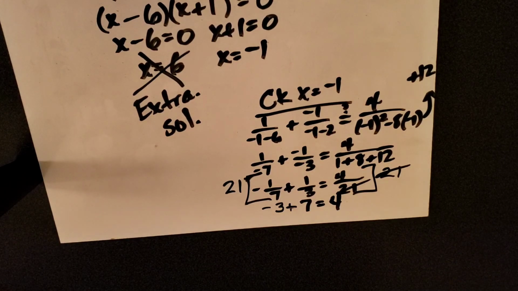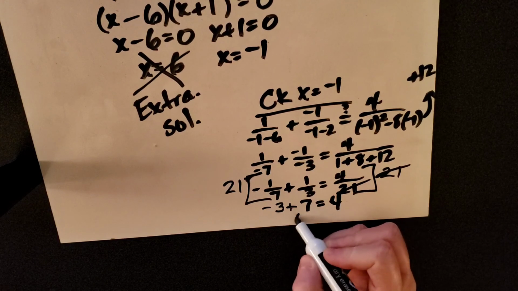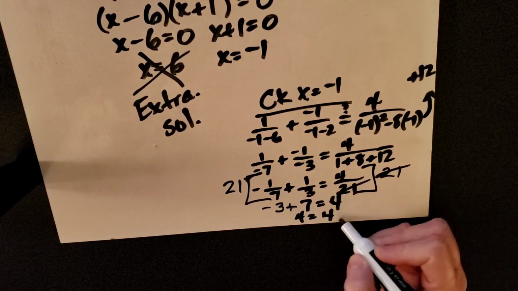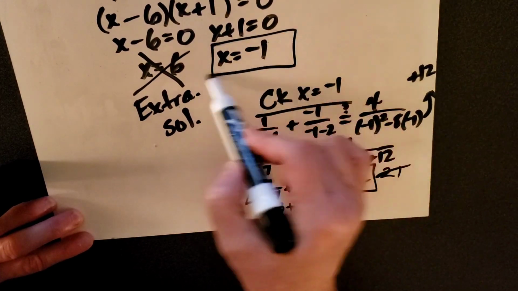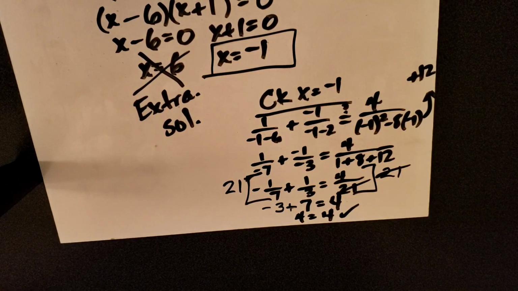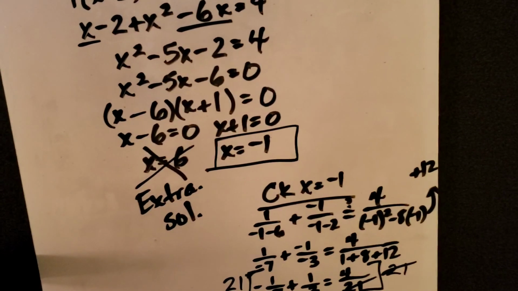See how that eliminated our variables? Okay, and now I've got a -3 plus 7, which is 4. So we get a true statement here, which means that x equals -1 is a good solution, and we go ahead and box it. And that's it.